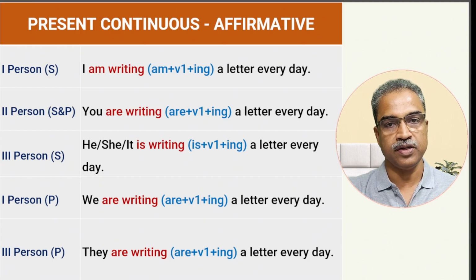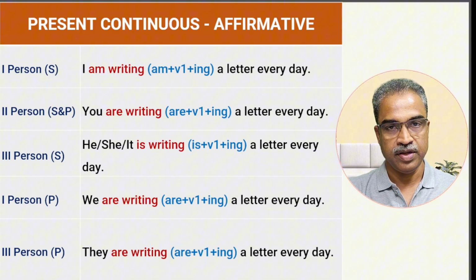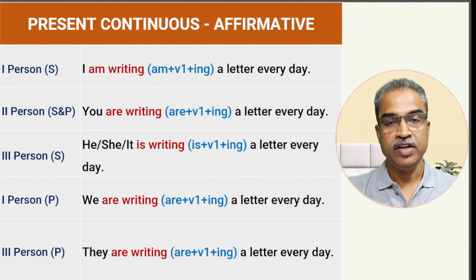And the third person singulars we have. It could be he, she, or it. Now, we need to use the other form of the auxiliary verb be in the present tense with third person singulars. Always with third person singulars, we need to use is. So, he is writing.